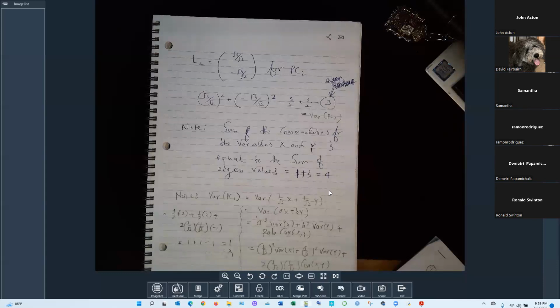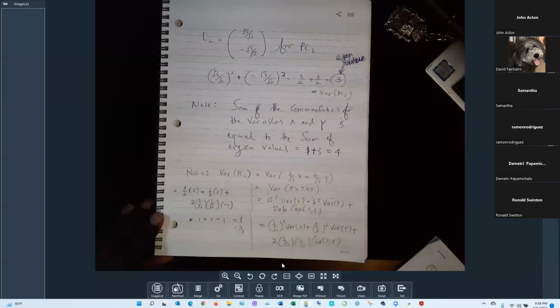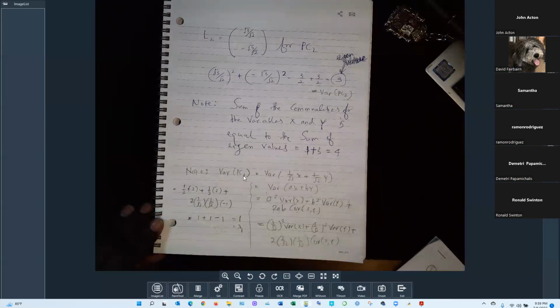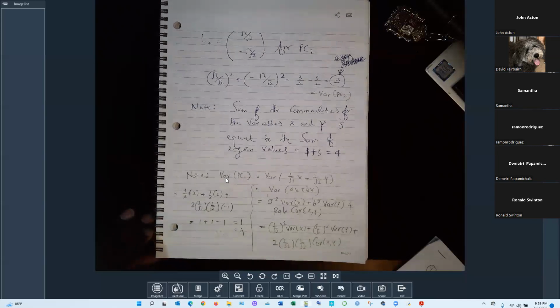Same thing. If you go ahead and check the variance of the principal component separately, that's the variance of 1 over root 2 x plus 1 over root 2 y. The formula for the variance of ax plus by is a squared variance of x plus b squared variance of y plus 2ab covariance of x and y.